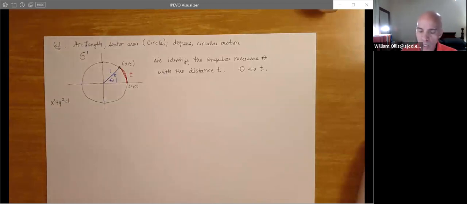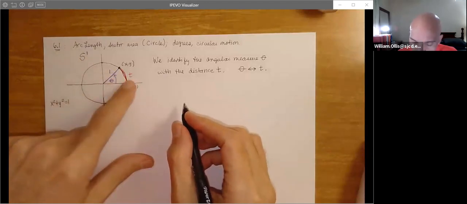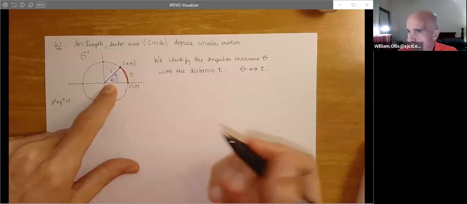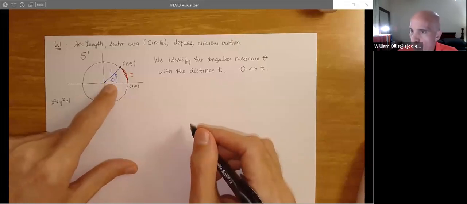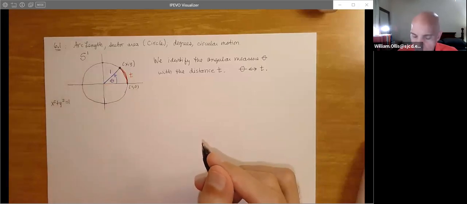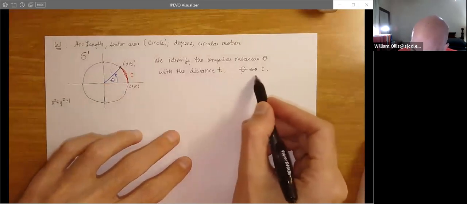So in order to introduce an abstract object that we call an angle, we have to identify on the unit circle the T with this new object theta. Of course, theta I just use as a label for it. You could call it anything, alpha, beta, gamma, phi, whatever. It doesn't matter. So we have this relationship here.